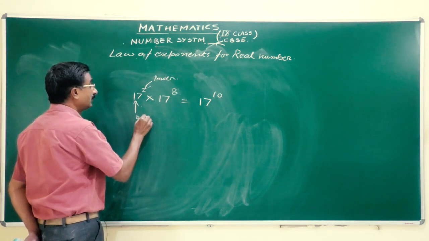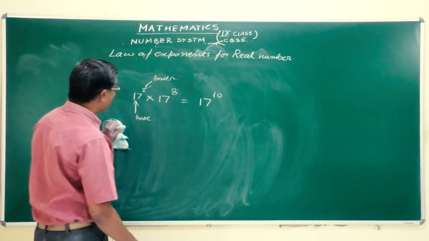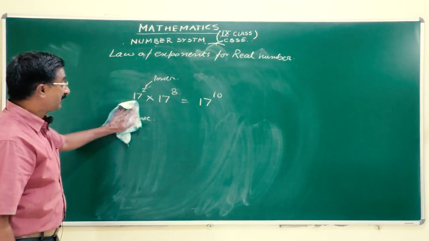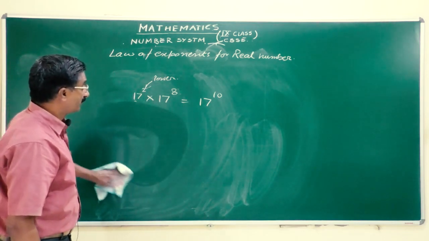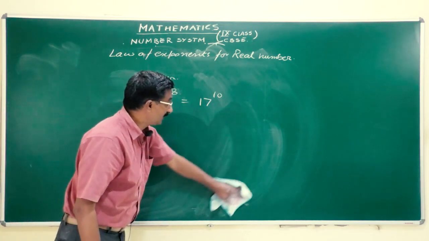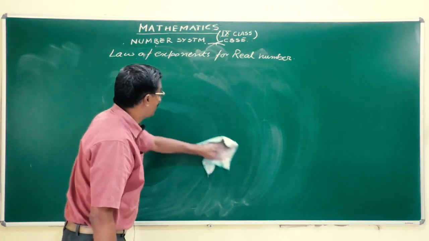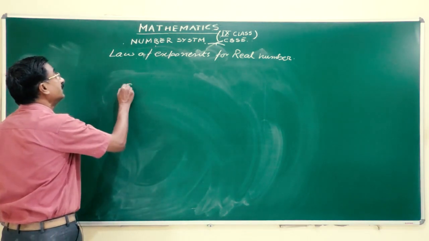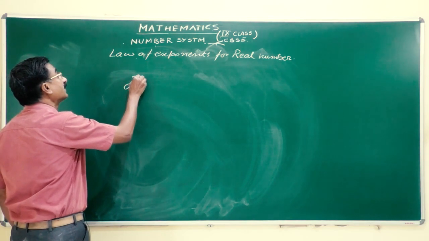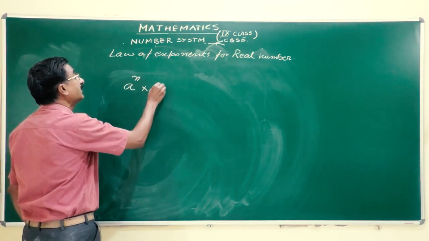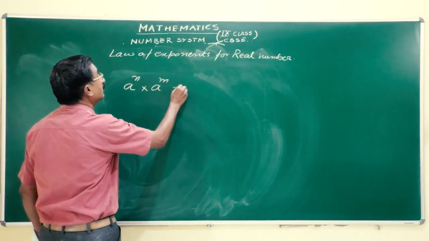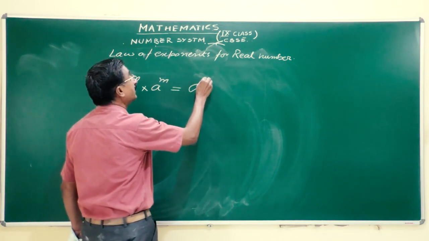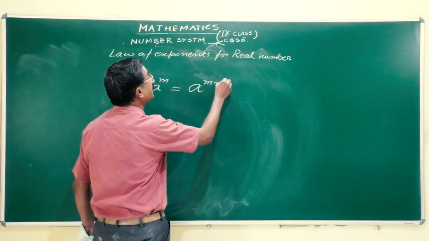So if the base is common, then in multiplication of the two exponents, the powers are added. If you want to write it in the form of an identity, a raised to the power n into a raised to the power m is equal to a raised to the power m plus n.